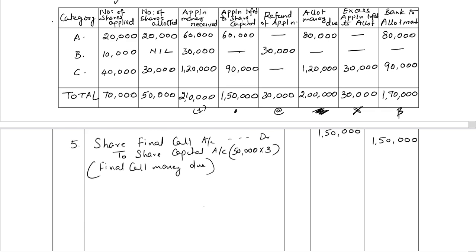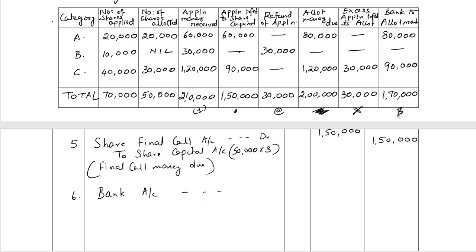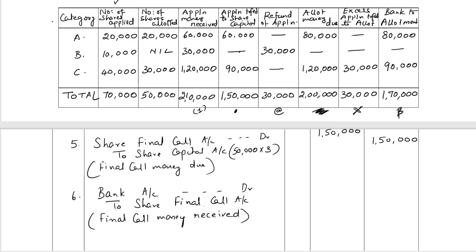The final journal entry, sixth entry for receipt of the final call, bank account debit to share final call account. For final call money received, the amount due 1,50,000 rupees has been received.